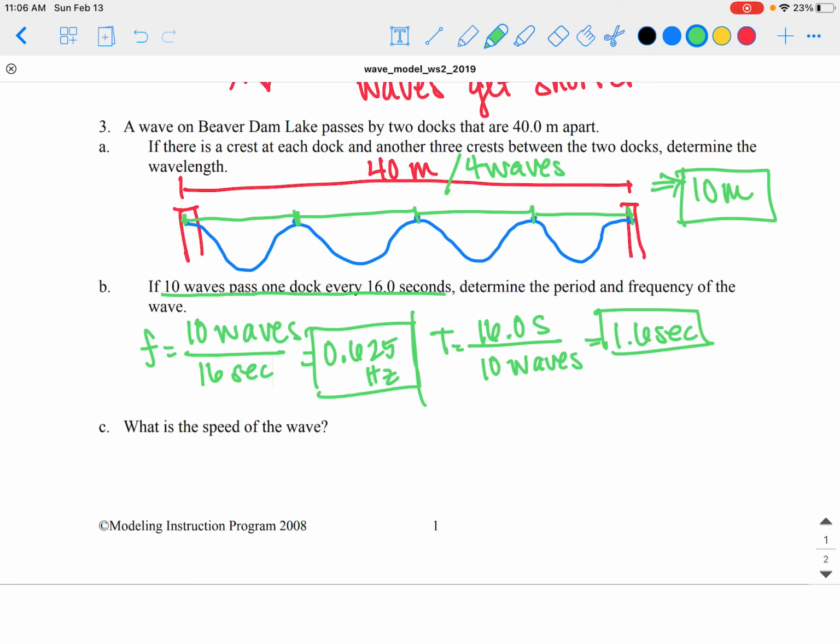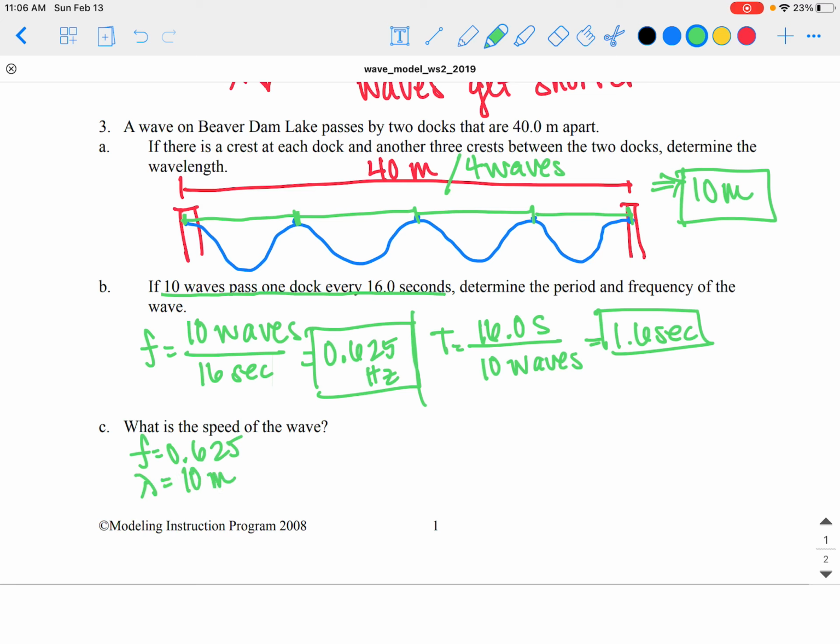What is the speed of this wave? So again, we have a frequency, which is 0.625. We've got a wavelength, which is 10 meters.